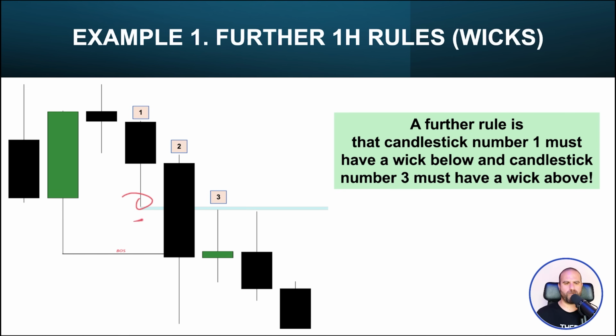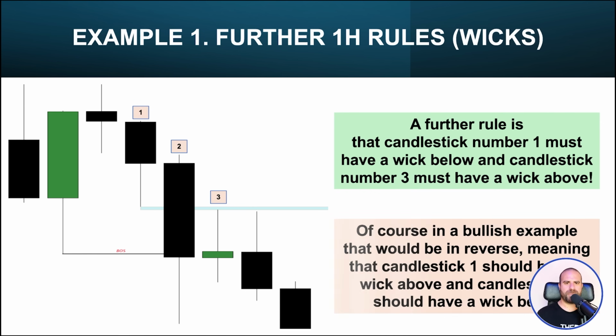It could have been a smaller wick as well. And candlestick number 3 must have a wick above. Here we see that candlestick number 3 has a huge wick above. It could also have been a tiny wick. We don't care about it. In this occasion, it is even more preferable. So, all of the rules until here are fulfilled. We can proceed to the next slide.